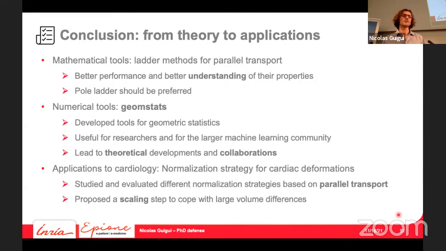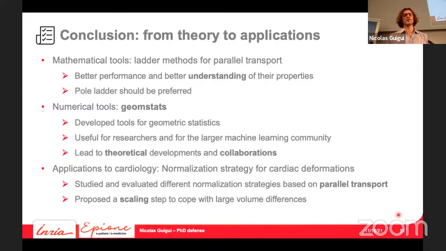So I've contributed to the development of mathematical tools by studying ladder methods for parallel transport. I provided a better understanding of their performance and showed that their performance could be improved and that pole ladder should be preferred as it is cheaper. Then I contributed to the numerical tools to perform geometric statistics with geomstats.